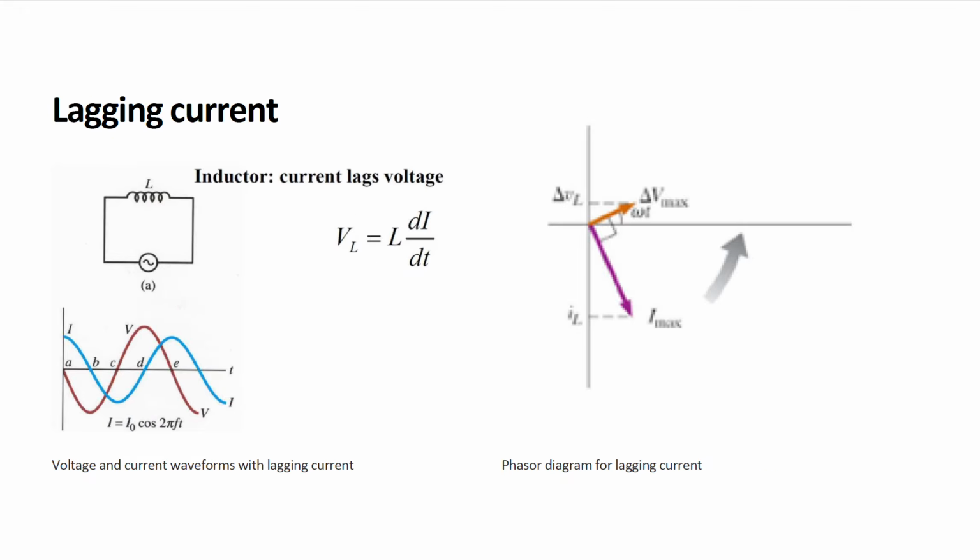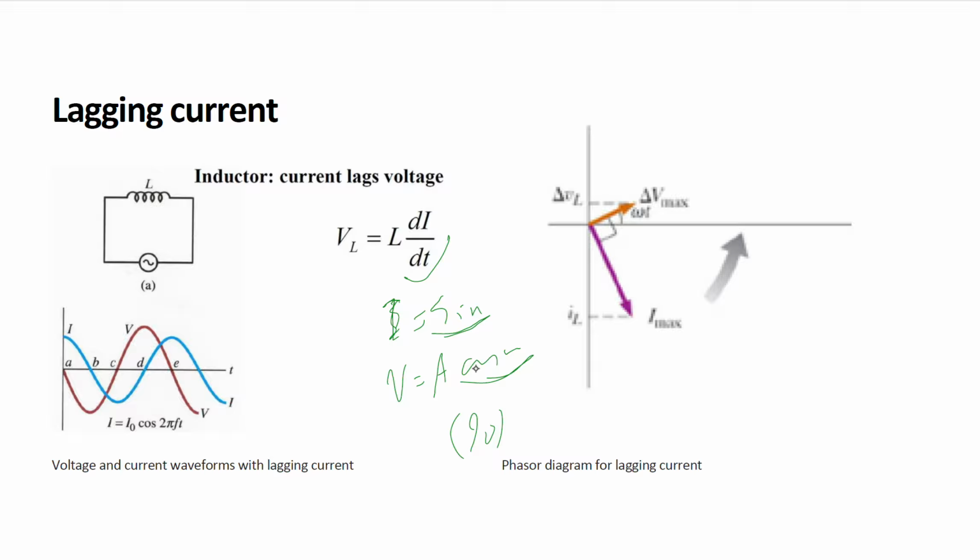Now, when we talk about the inductor, because of that differential, for example, if the current is a sine function, that means the voltage is going to be a certain coefficient times a cosine function. So we are changing the function, and you already know that sine and cosine have a 90-degree phase shift with each other.